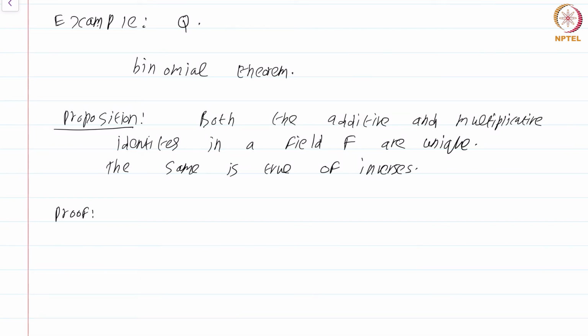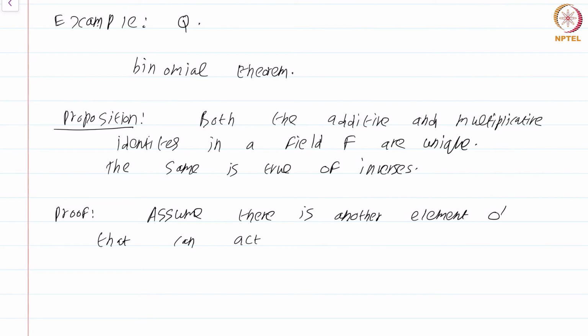One tip here is that when you want to show that there is exactly one element in a set that satisfies a certain property, the way to go about it is to assume there is another element, 0 prime, that can act as additive identity.